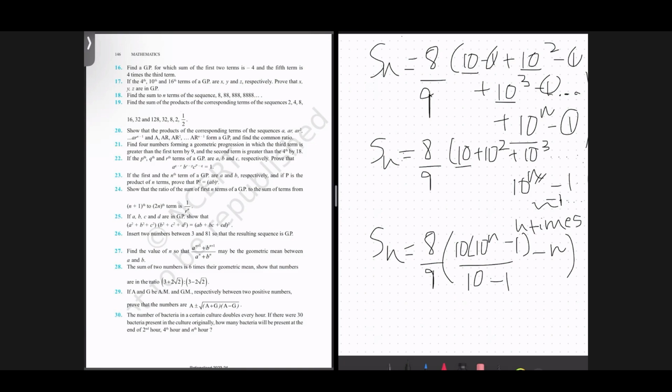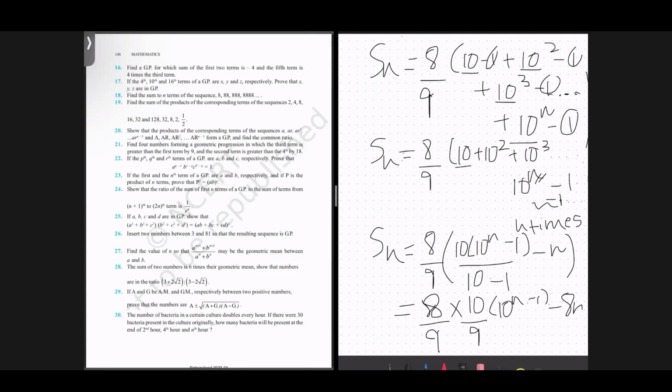So this is what I'm left with. Correct. Simplifying this, I'm going to multiply 8 upon 9 in both the terms of the numerator and denominator. And what I'm going to get is 8 upon 9 into 10 upon 9, 10 raised to the power n minus 1, minus 8n upon 9.